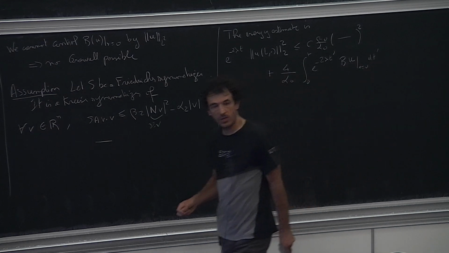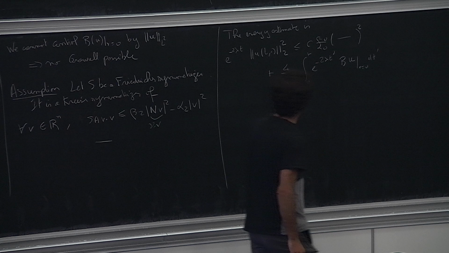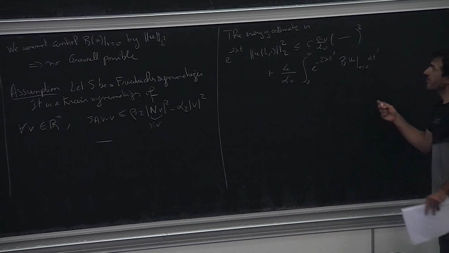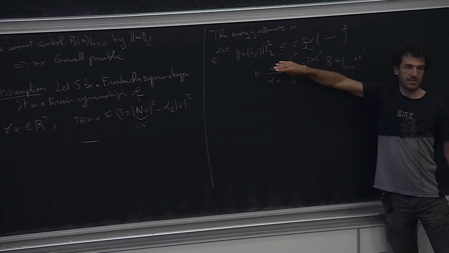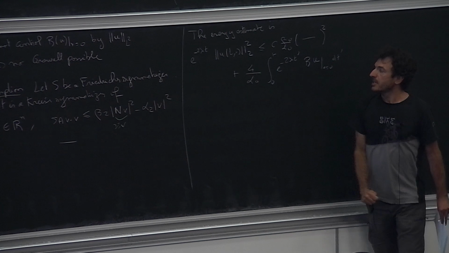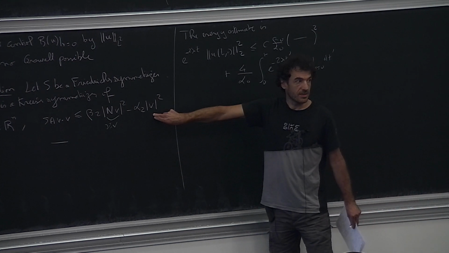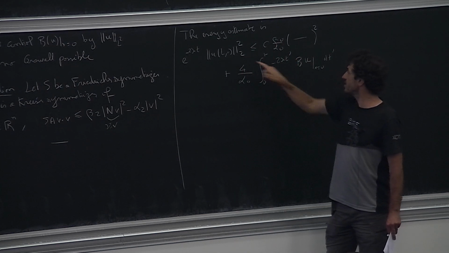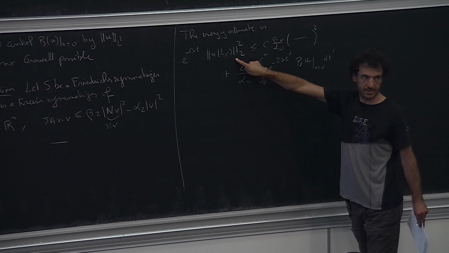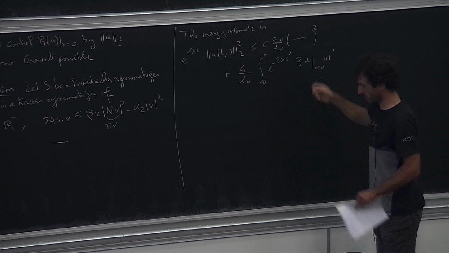So what would be very nice, in order to make a Gronwall estimate, is if this quantity has a sign. If this quantity is negative, I can remove it. If this quantity is negative, with in addition a condition like this, I have some information. This gives me some information on the trace.